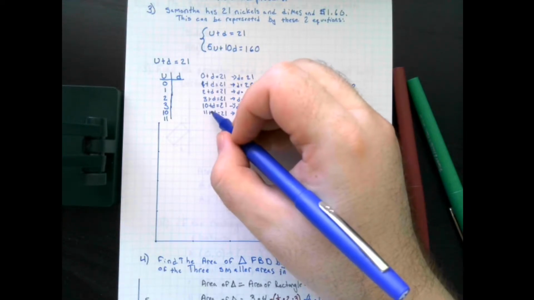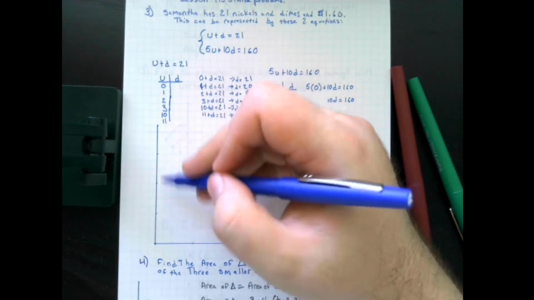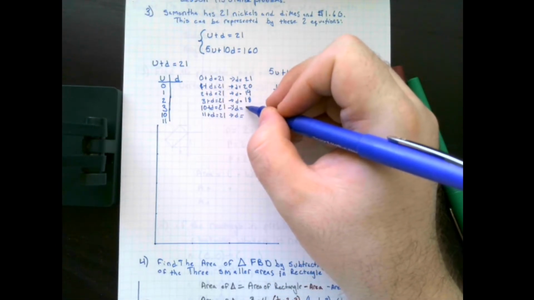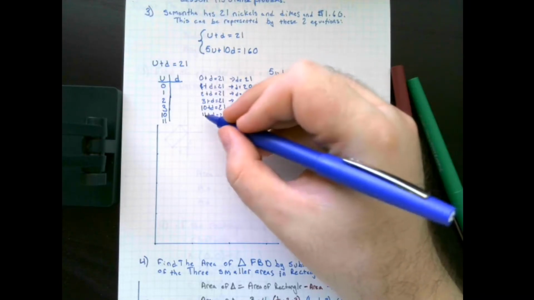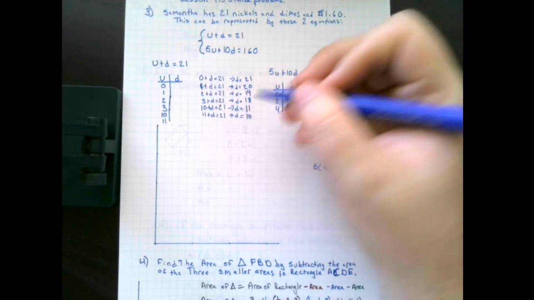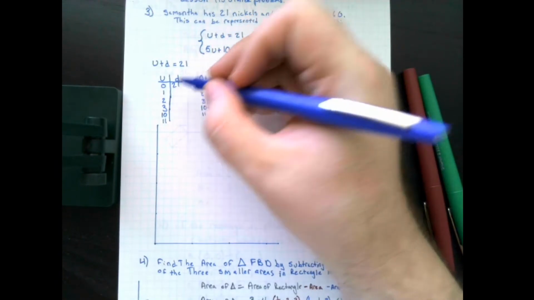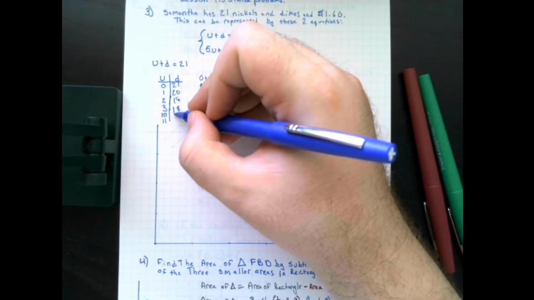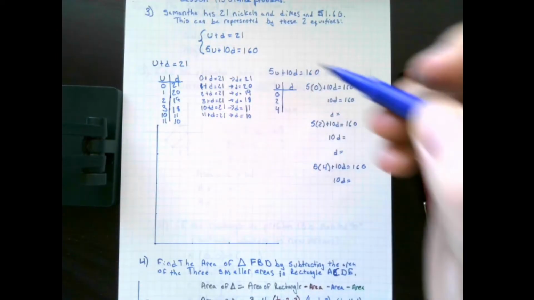And then I skipped a bit here so we can make sure that we're fitting onto the graph that I made. If we had 10 plus D, 10 less than 21 is 11, and 11 less than 21 is 10. So we've got 21, 20, 19, 18, 11, and 10.